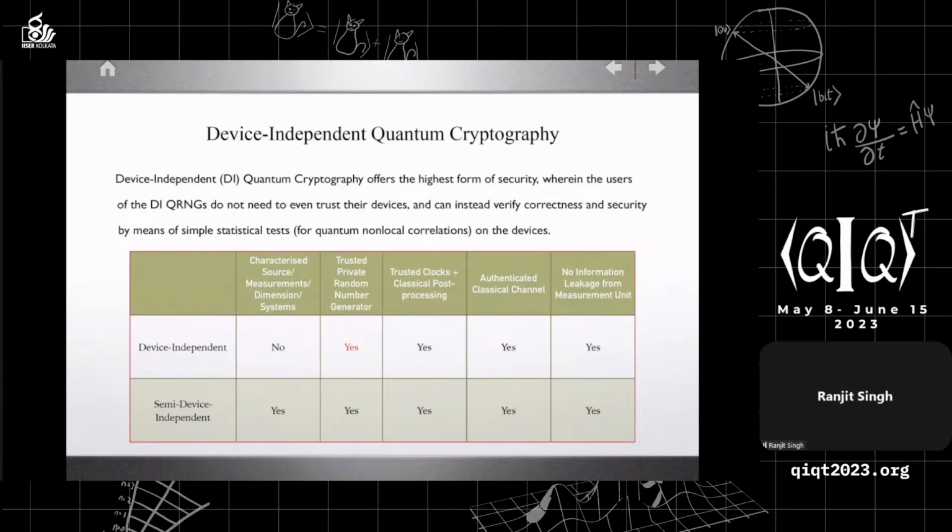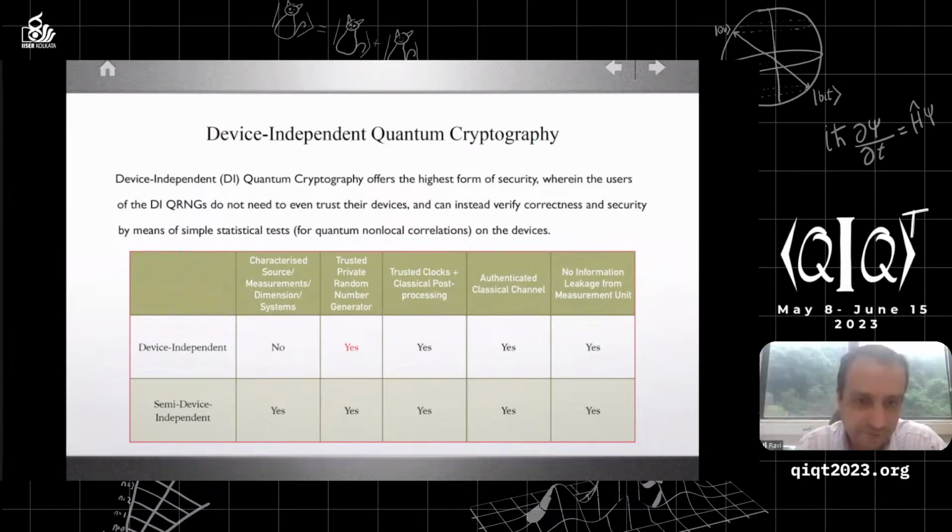There are attacks known if the dimension is not controlled, etc. So there are different levels of characterization. The more you relax these assumptions, the higher the generation rates, the better your protocol will look in terms of noise tolerance, in terms of generation rates, etc. But this work especially is trying to do it in the most paranoid setting, in which we have no trust at all.